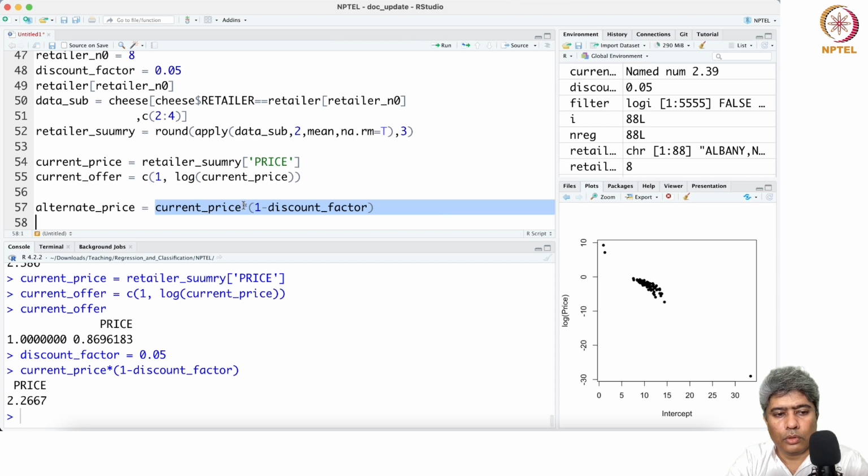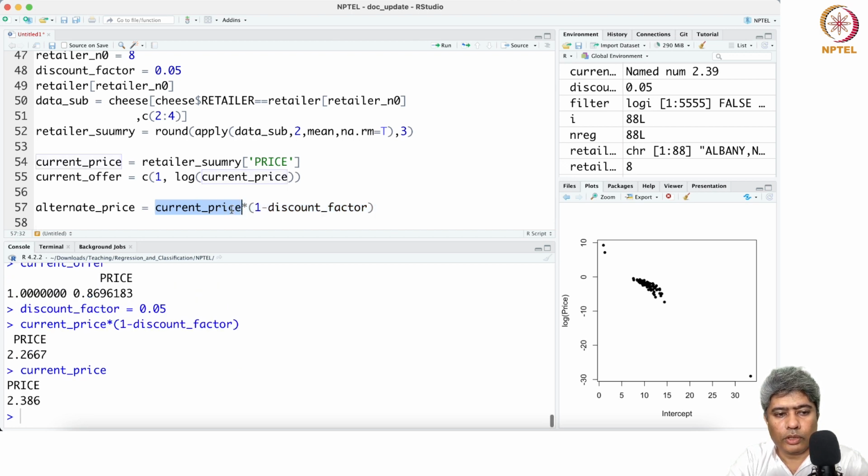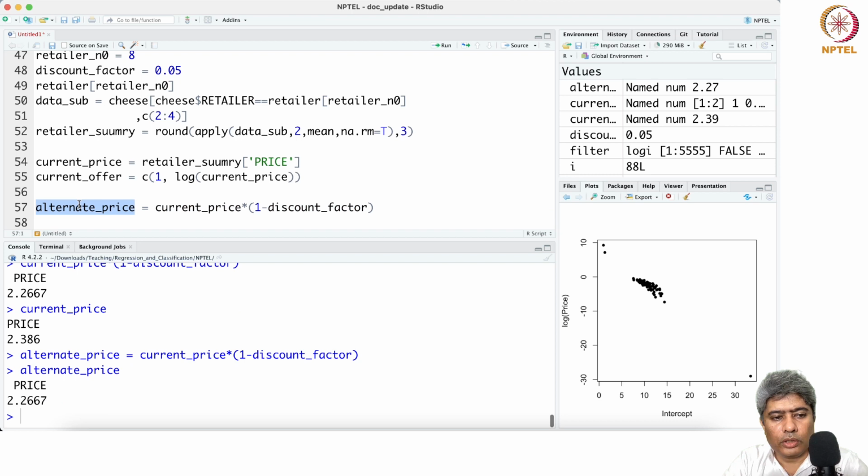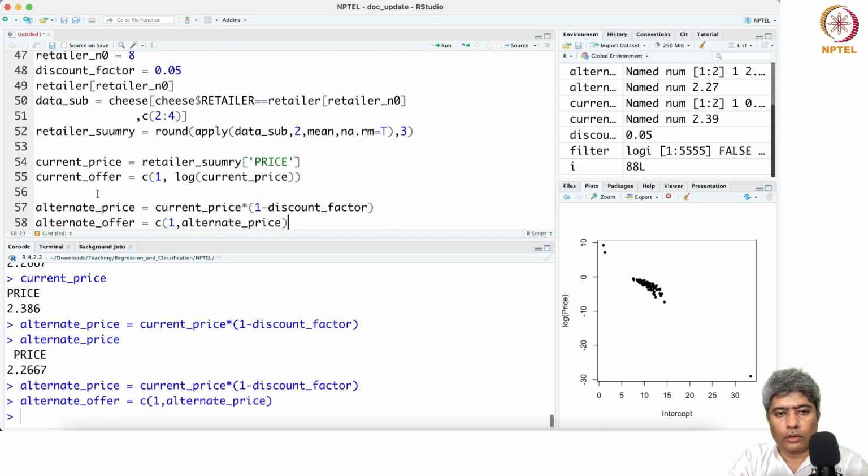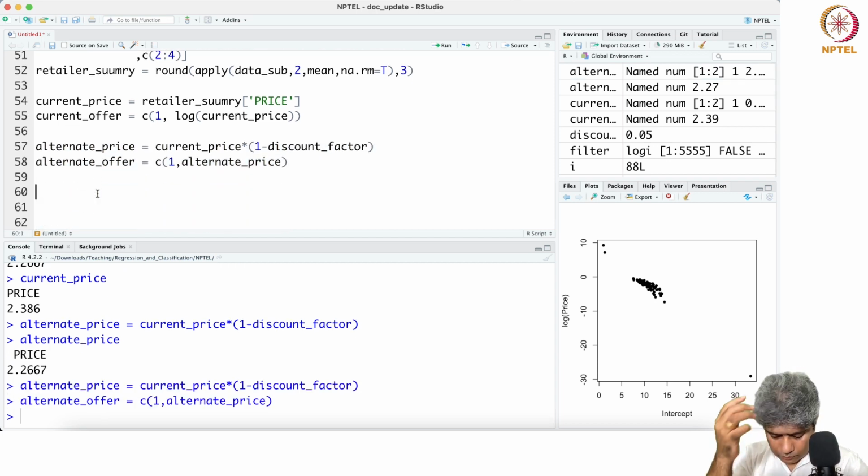So the current price is 2.386, after giving, say, 5% discount, alternate price is 2.267. Now, so my alternate offer is 1 comma alternate price. Okay.